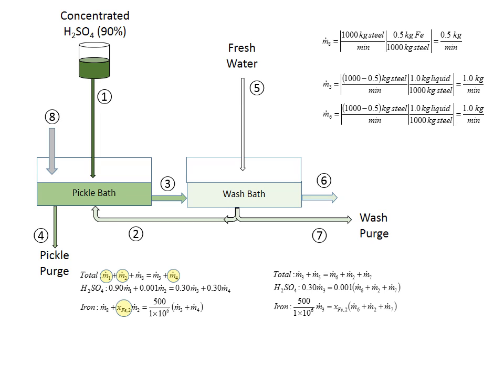And those will be multiplied by the 3 flow rates, and that will equal the iron leaving our system. We pick up 2 additional unknowns, that is the fresh water and also the flow rate of liquid in the wash purge, m.7. So we have a total of 6 unknowns, but we do have 6 equations, so we can solve this problem uniquely.